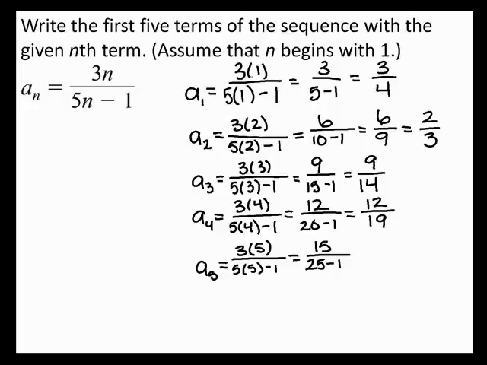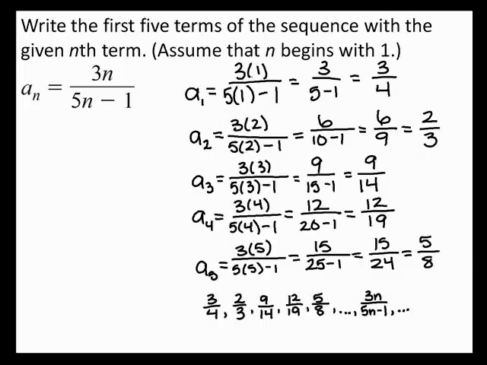Simplify 25 minus 1. Simplify 15 divided by 24. You find that a sub 5 is equal to 5/8. The first 5 terms of the sequence are 3/4, 2/3, 9/14, 12/19, and 5/8.